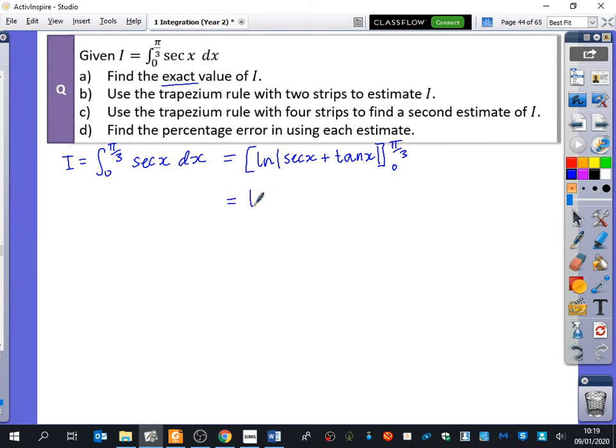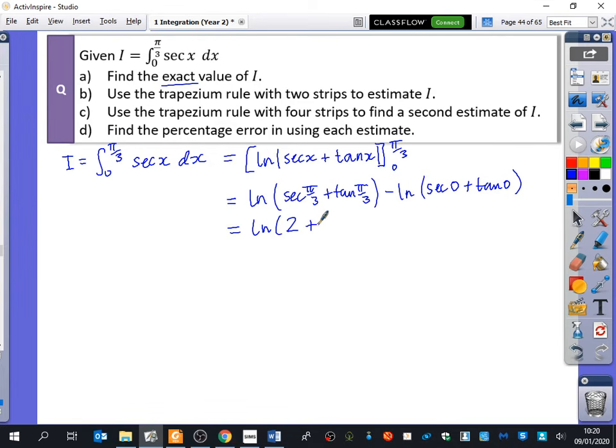So that is going to be the ln of, well, sec of pi over 3 is 1 over cos of pi over 3. Let's just do this slower. If you put that in your calculator, it ends up as being 2.